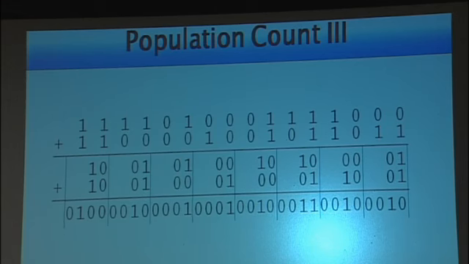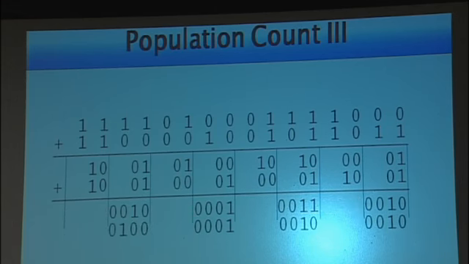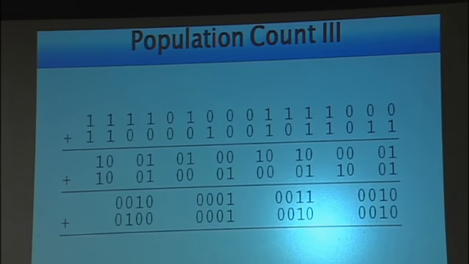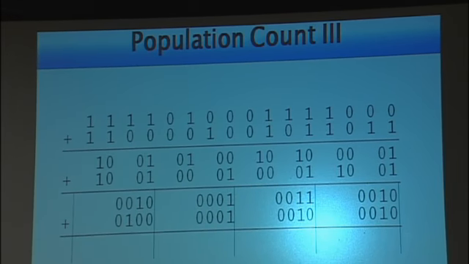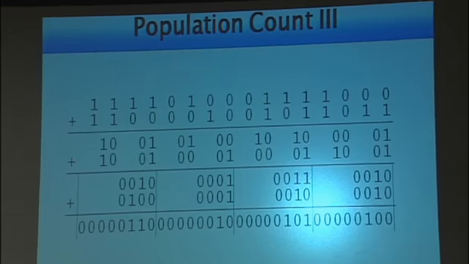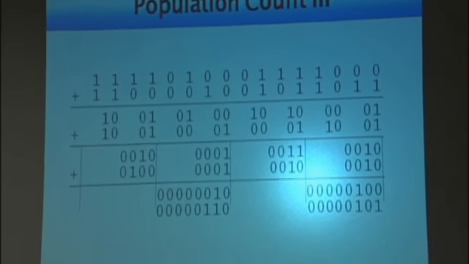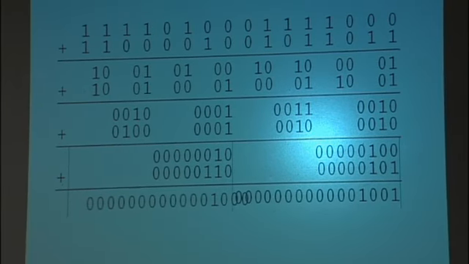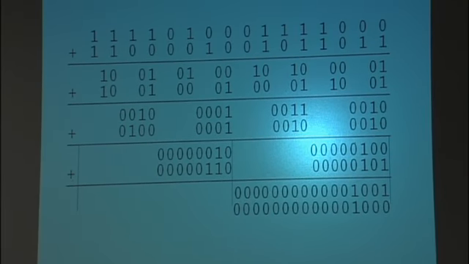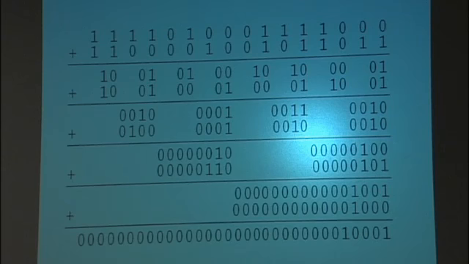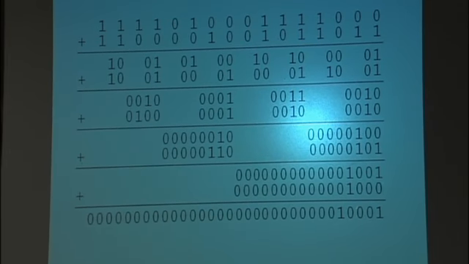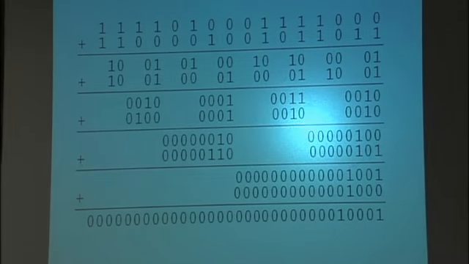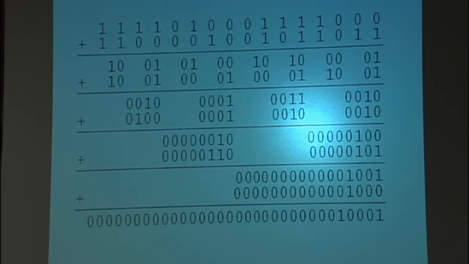So do it again, add it together, and we just keep going. Finally we add them all together. It says there are 17 ones in the word, which there were. I should have probably left the word up there so we could verify that, but yes, there are 17 ones.